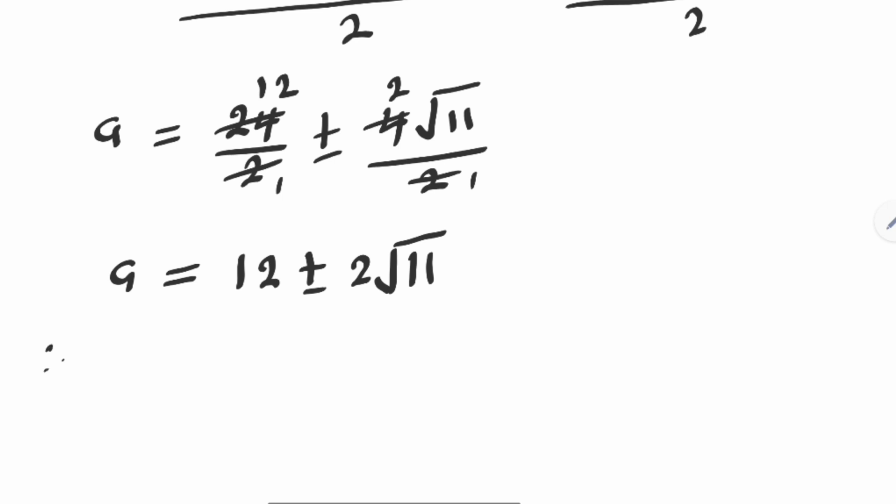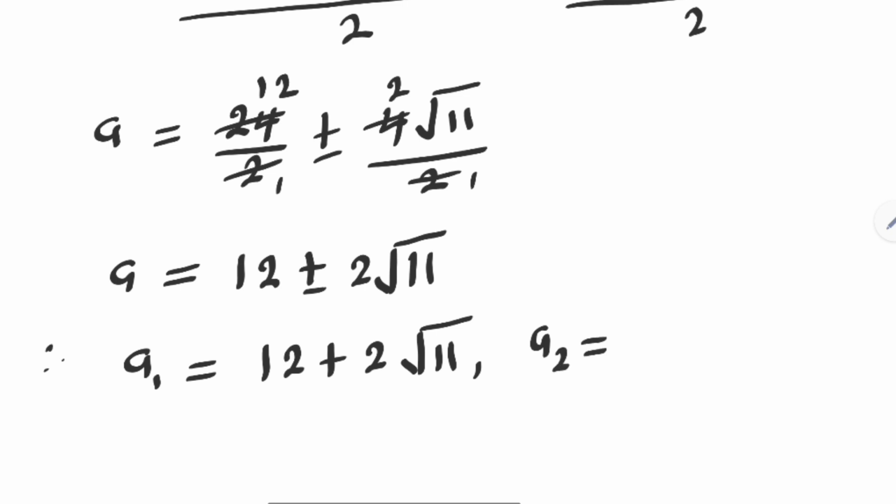Therefore, A1 is equal to 12 plus 2 square root of 11, and A2 is equal to 12 minus 2 square root of 11.